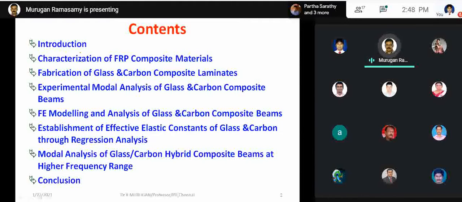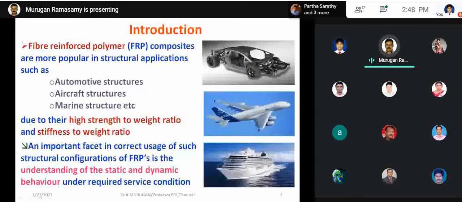First, let us get into the composite material. We all know that fiber reinforced polymer composite materials are broadly classified into three categories based on the matrix material used. In the composite material, there is one continuous medium in which a discontinuous medium is reinforced.